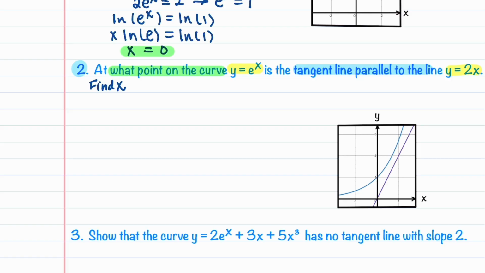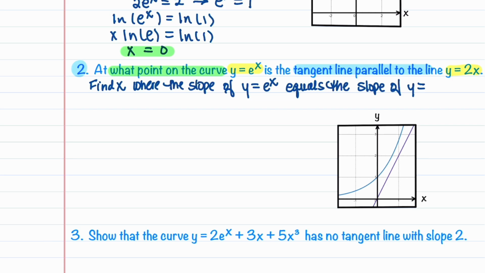If two lines are parallel, that means they are going to have the same slope. So we're going to find x where the slope of y is equal to e to the x equals the slope of y is equal to 2x.